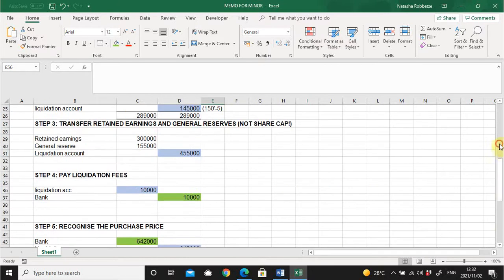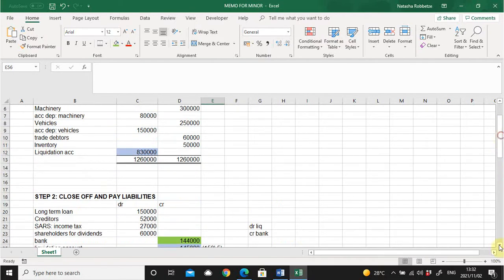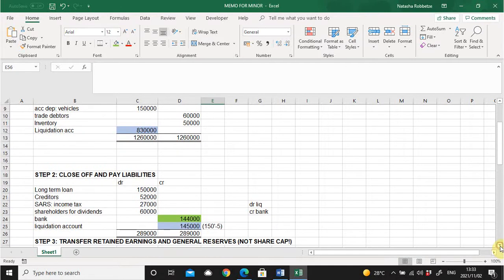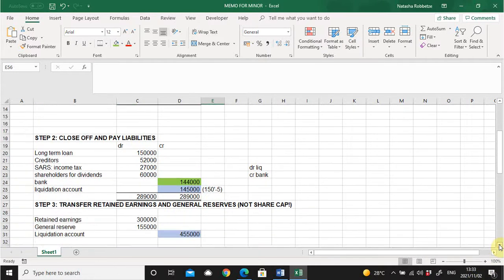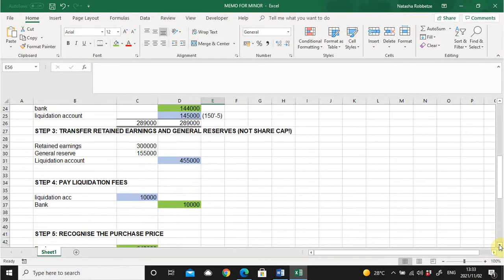And I'm going to take the 150,000 and then I'm going to use the green amounts and add and subtract them. So I take the 150,000 and then I say the first entry is step 2, where I have to minus 144,000. Then in step 4, I beg your pardon, I need to minus another 10,000.